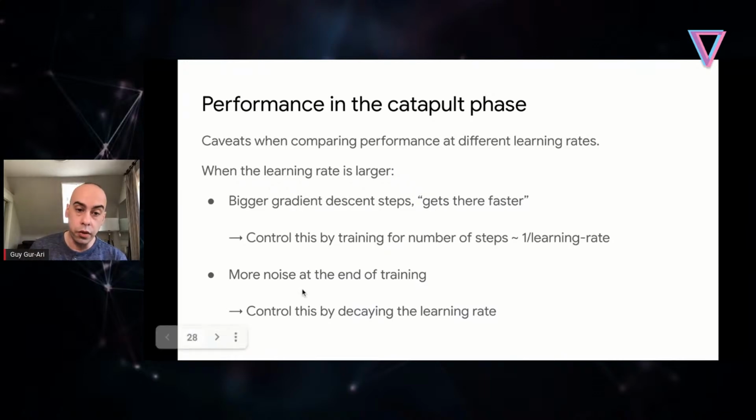So we're going to control for that by decaying the learning rate during the end of training. No matter what initial learning rate we started with, we're always going to decay to the same small learning rate so that we have the same noise at the end of training. Because again, that's an effect that's completely separate from the catapult effect.